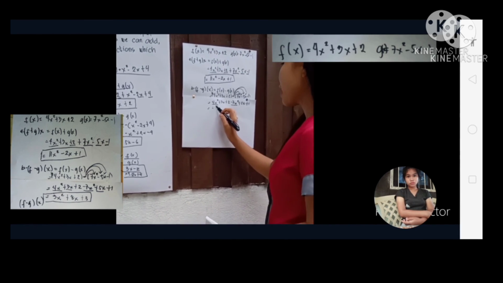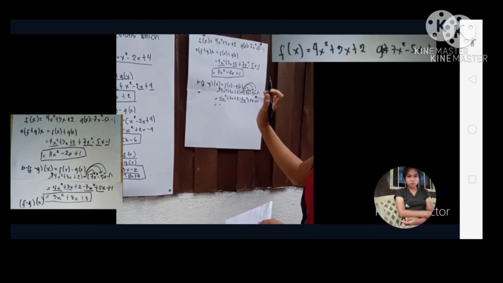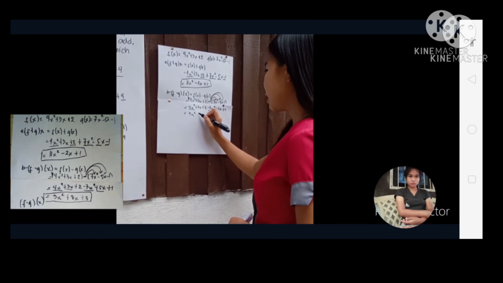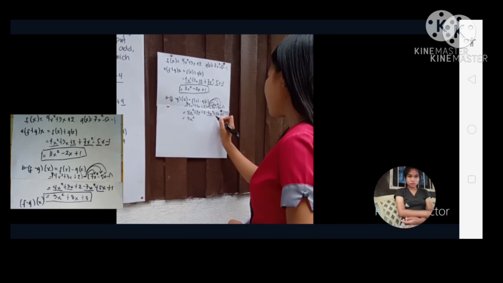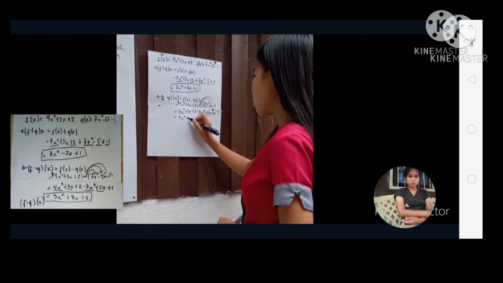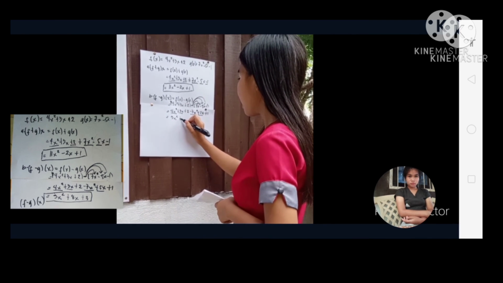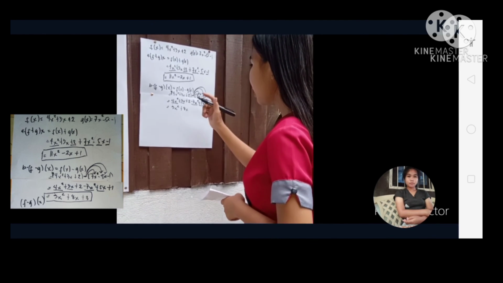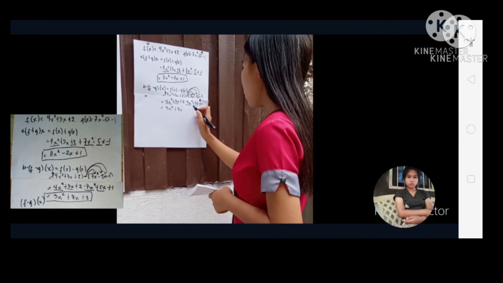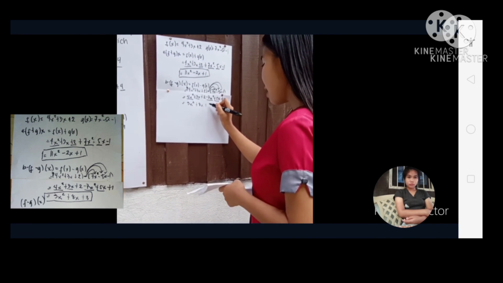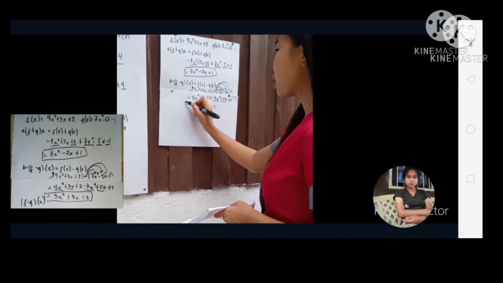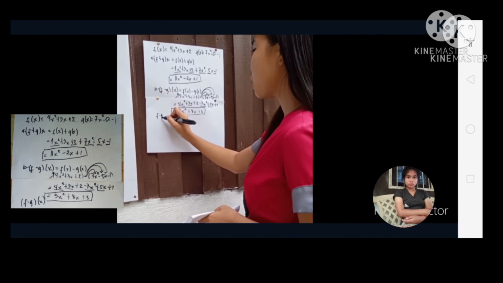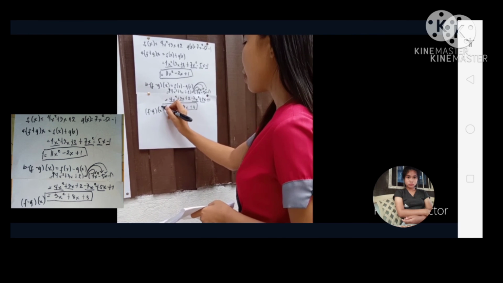We have here 4x squared and negative 7x squared, the answer is negative 3x squared. Then, 3x and 5x is equal to positive 8x. Then, positive 2 and positive 1 is equal to positive 3. So that is the final answer for f minus g of x.